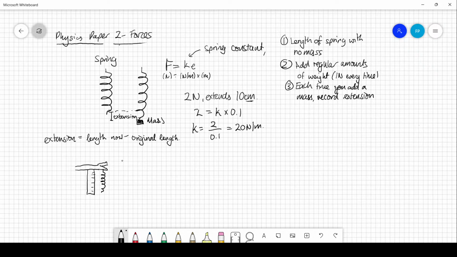But this could actually be a source of random error. This is because your measurements could be too high or too low. And just remember, let's say these are your eyes right here. They need to be in line with what you're measuring on the ruler, not above and not below either.